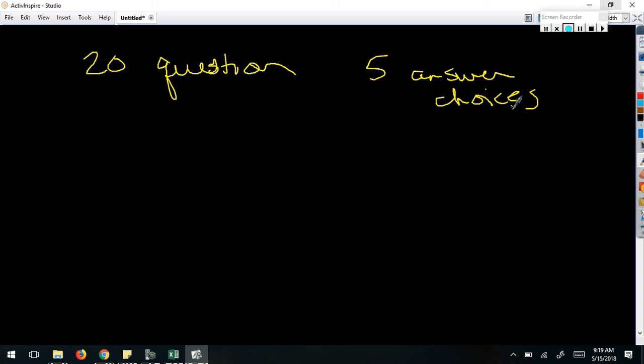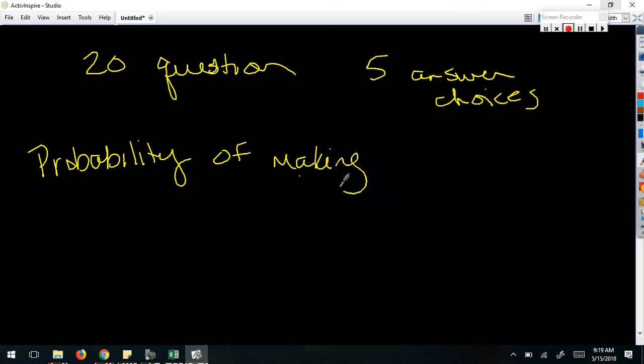So what I want to know is what's the probability, and we'll just say making exactly a 60. This is not a 60 or better. What's the probability of randomly guessing and making a 60? So that means my K needs to be 12.